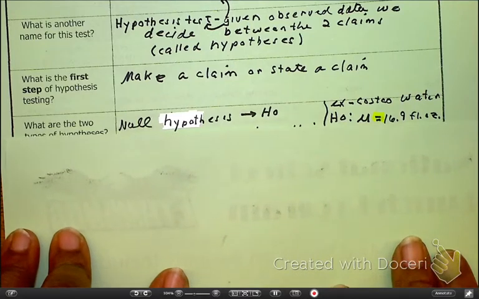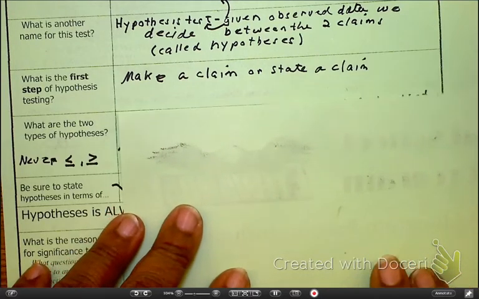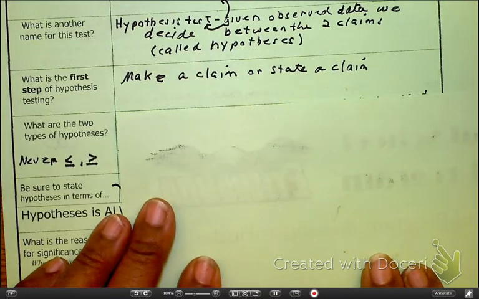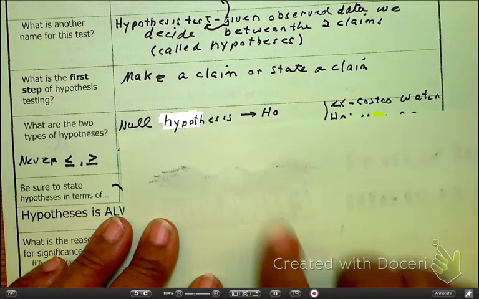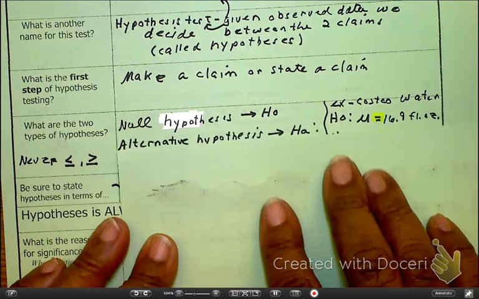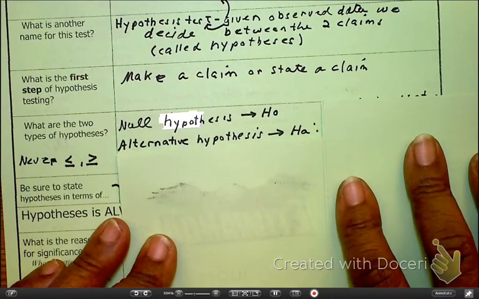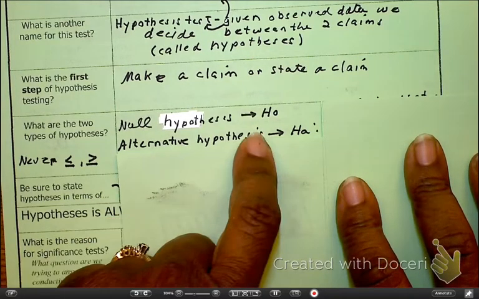Now, a hypothesis test in general comes up with two types of hypothesis, the null hypothesis and the alternative hypothesis. The null hypothesis is referred to as H0.